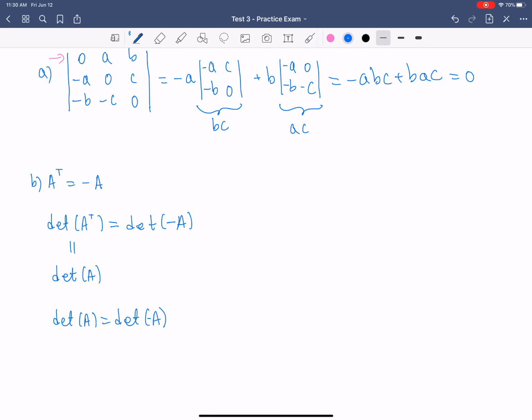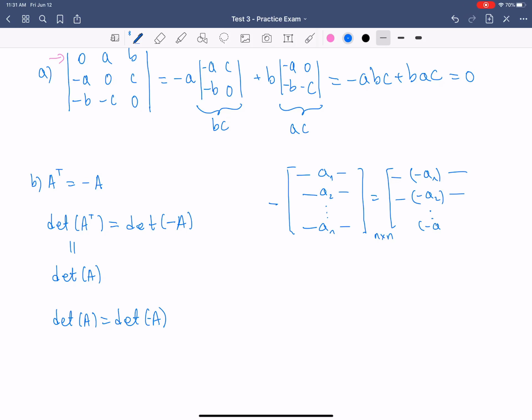Question is, what is the determinant of negative A? What does negative A do? Well, if you have a general n by n matrix and you've multiplied it by minus, so if I have minus some matrix with rows A1, A2, all the way to AN, okay? The matrix A has n rows, I've multiplied by minus. So then this matrix has minus A1 here, minus A2 here, right?